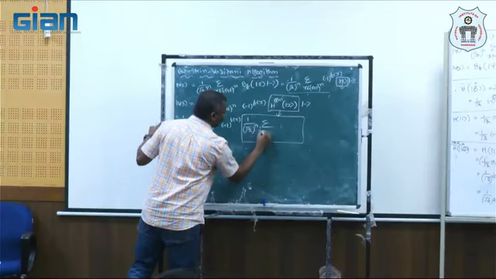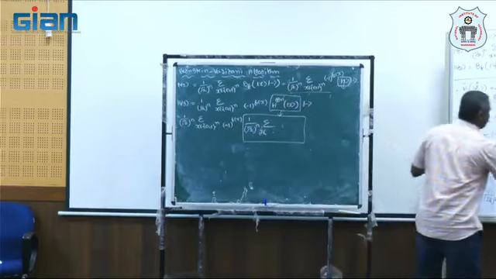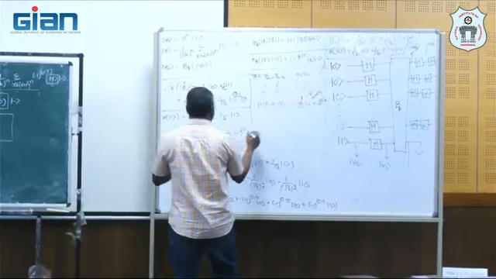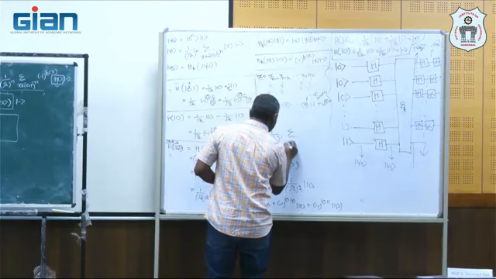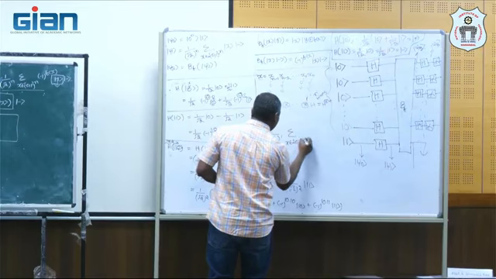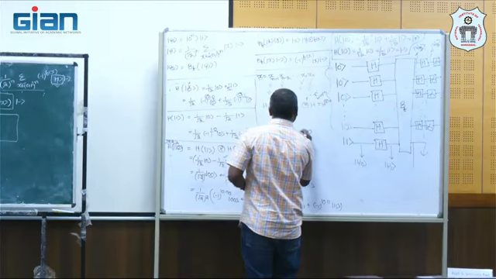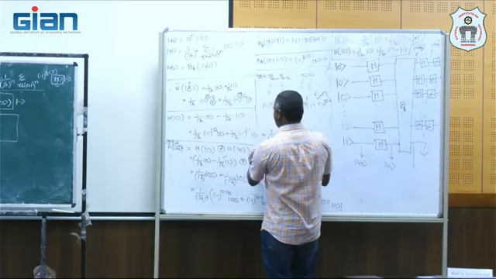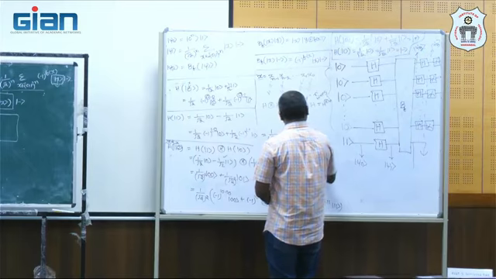Instead of x we can take y, where y belongs to {0,1}^n. This entire thing I can write simply as (1/√2)^n Σ over x in {0,1}^n of (-1)^(x·y) |y⟩.